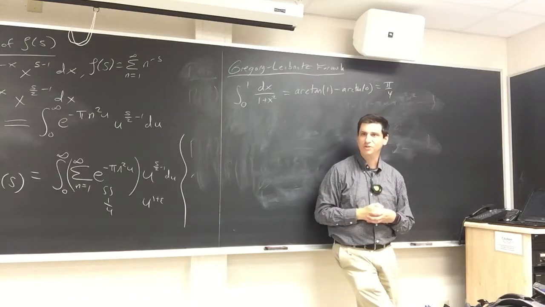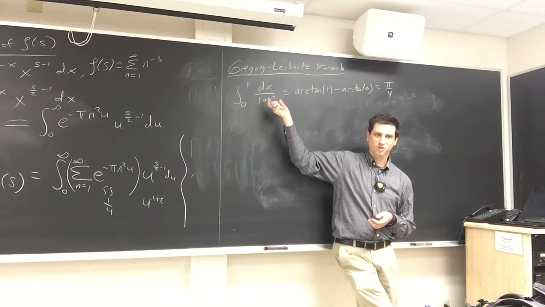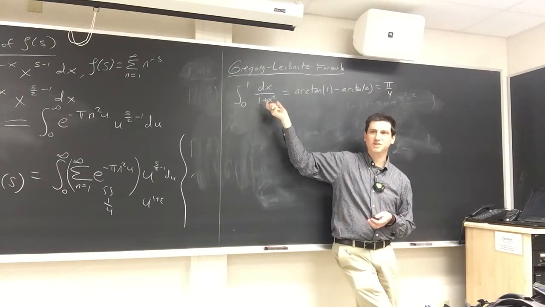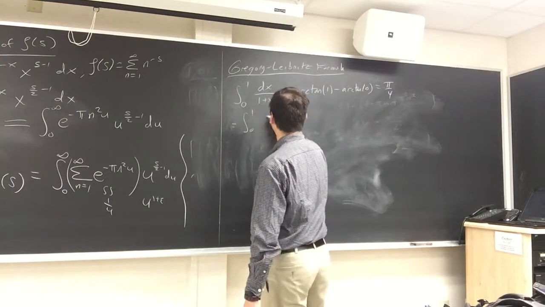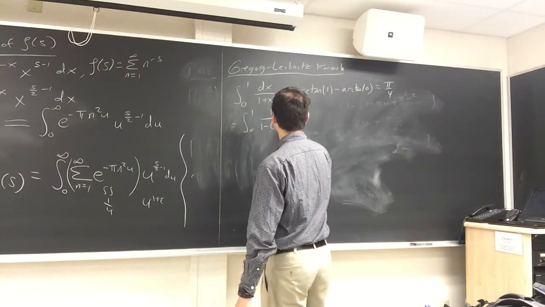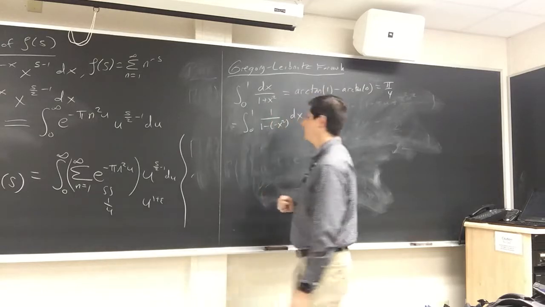So one way to calculate pi over 4 is to just calculate this integral really, really well. Okay? When you look at this integral, what do you see? I feel like I'm giving you a Rorschach test. Yeah, it looks a lot like a geometric series. This is equal to the integral from 0 to 1 of 1 over 1 minus negative x squared dx.